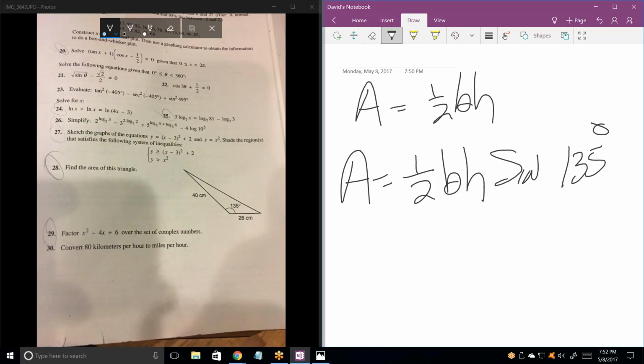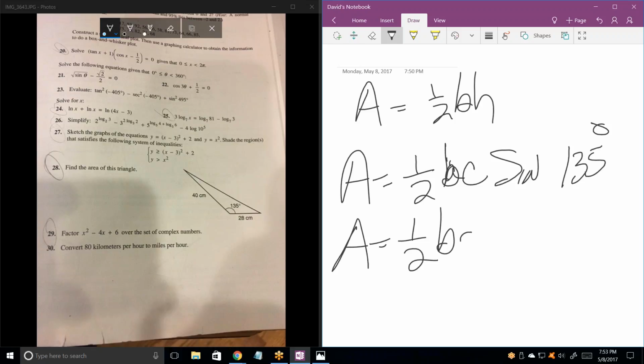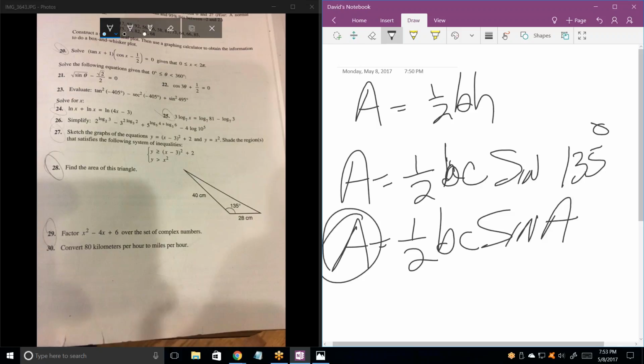Okay, so really what the formula is, it's not base times height, it's the two sides that you know, which are, actually, it's B and C. So it's really 1/2 B times C times the sine of A, right? In other words, this is the general formula. It's always the sine of whatever that is.